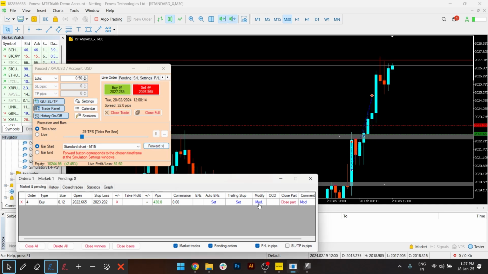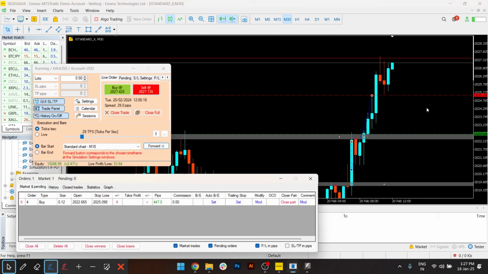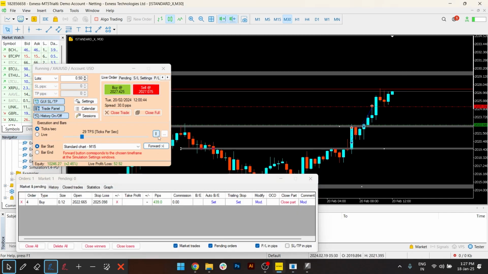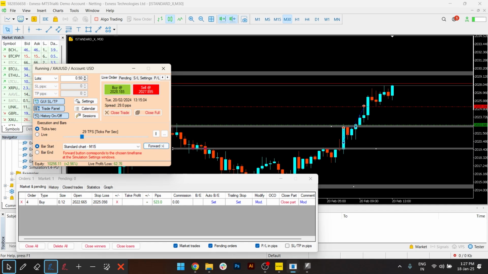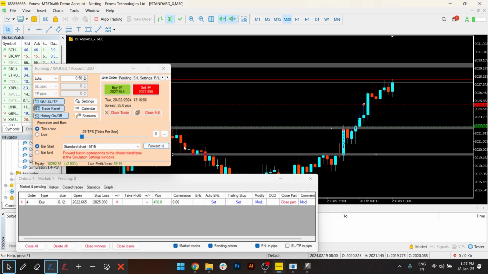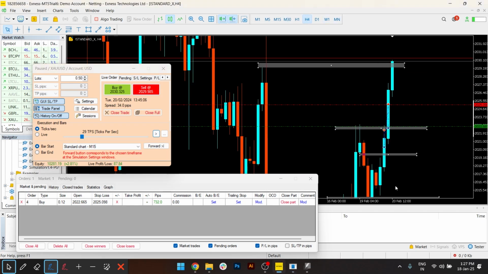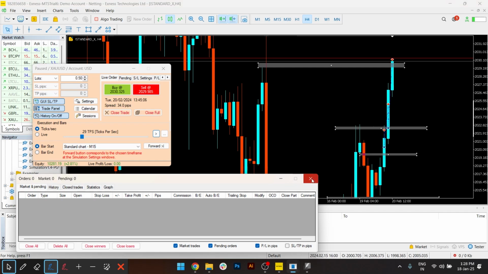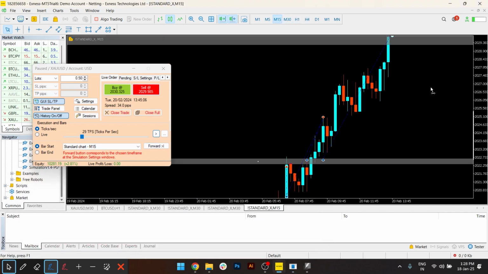Now what you want to do, we created another support, so let's trail this stop loss below this, and once it reaches the top, you want price to... yeah, perfect, our target is hit. Now I'm gonna close this entire position, and now we'll move on to the next day.